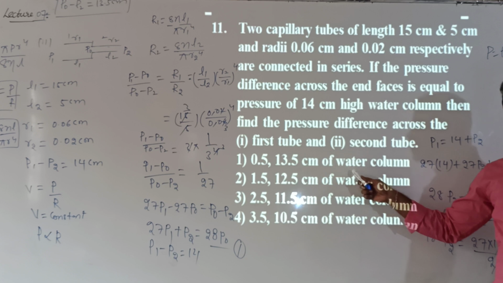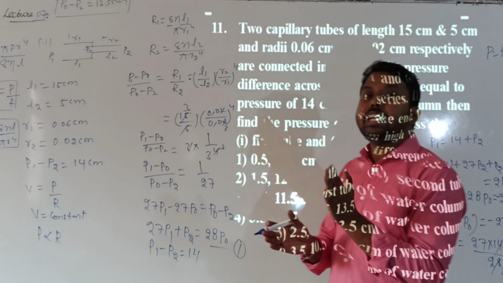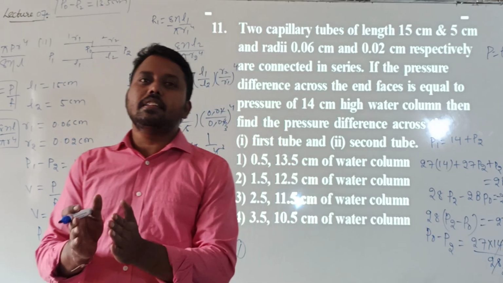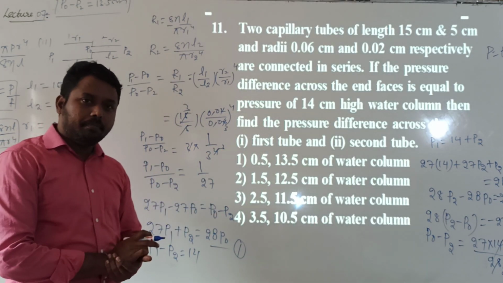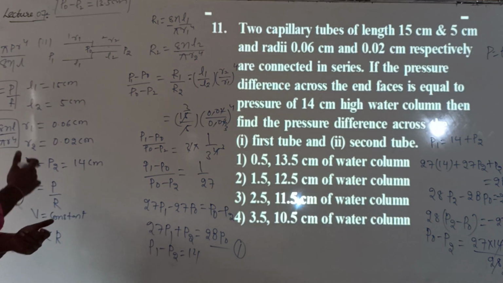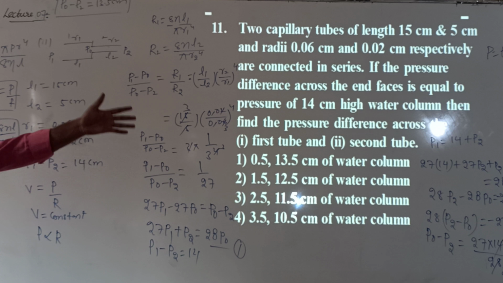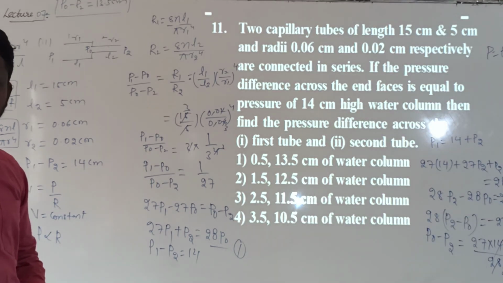That is the pressure exerted by the water column. The water column height is given, so pressure is expressed in terms of the height of the water column. Question understood? The question is simple. For writing it looks somewhat lengthy, but it is simple. Every concept we have discussed. So this is question number 11.